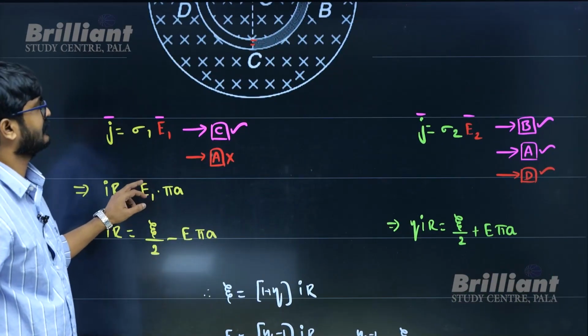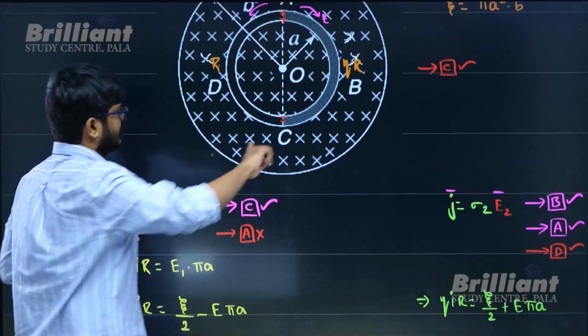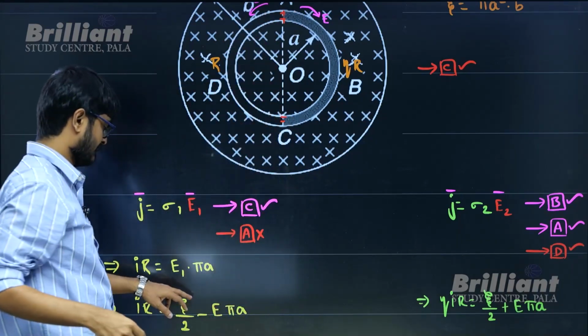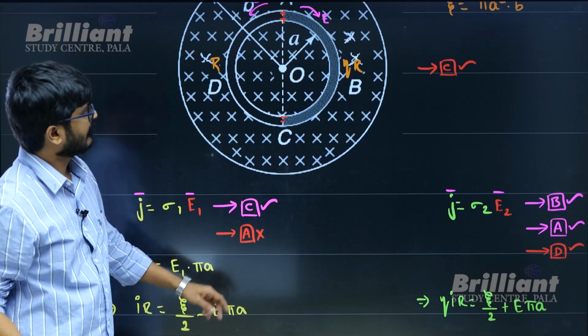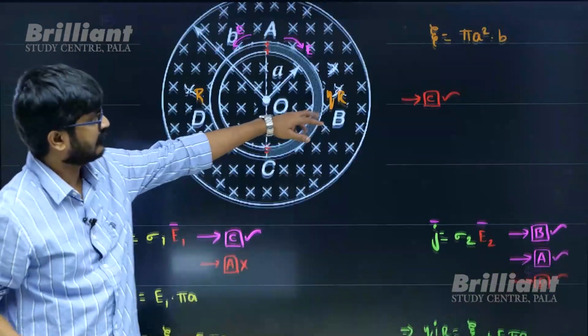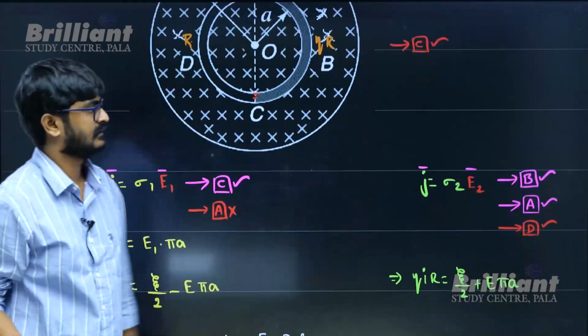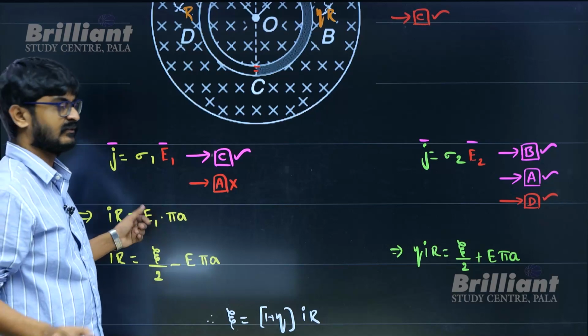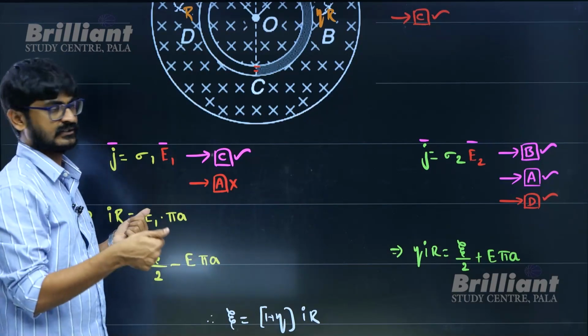Now what is this electric field? This is the total electric field, that is induced electric field plus electrostatic field. See, that's not the electric field, that's the EMF. So this electric field consists of induced electric field and electrostatic field.